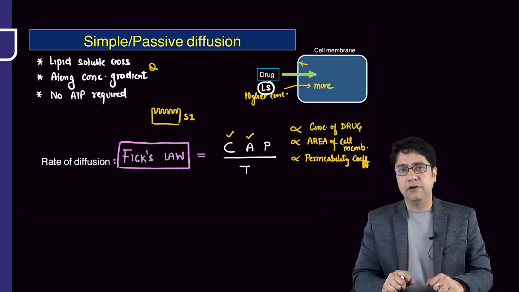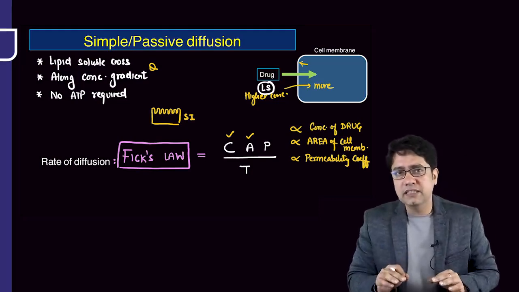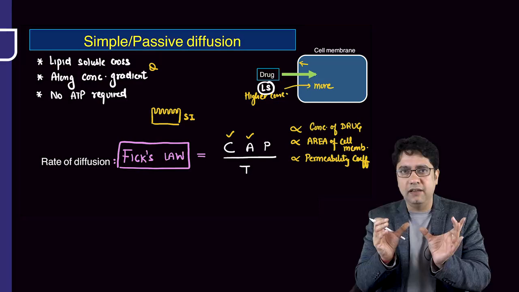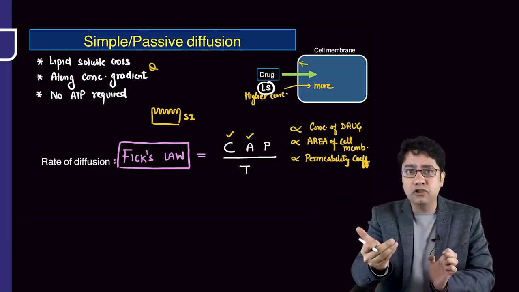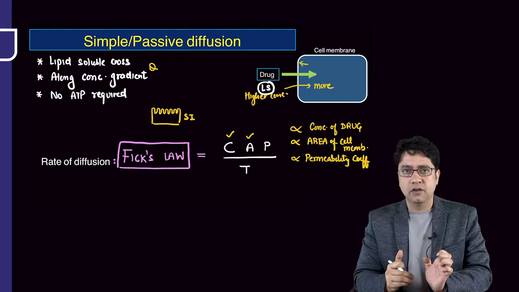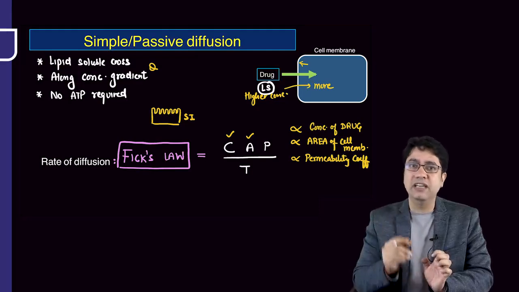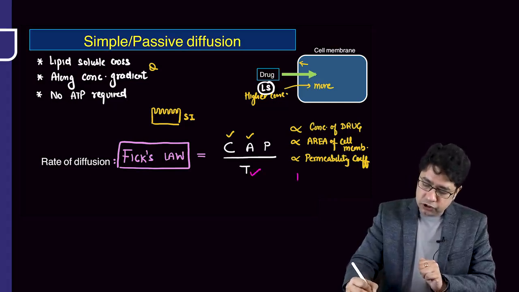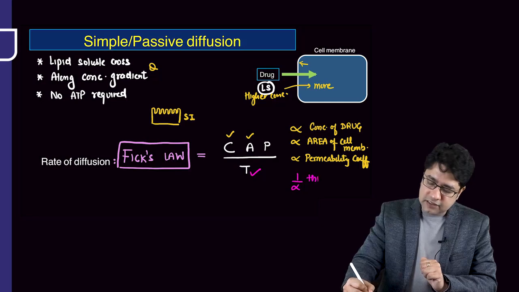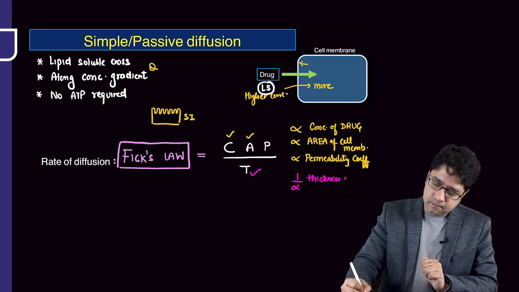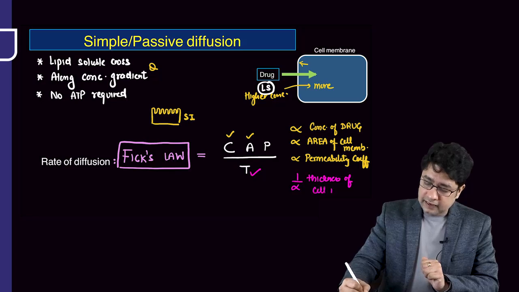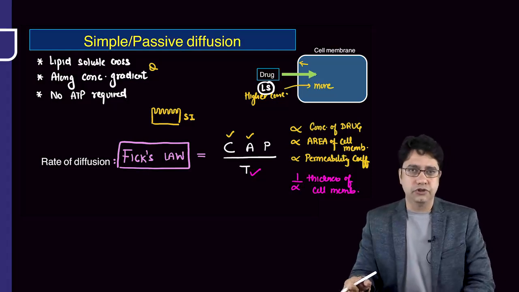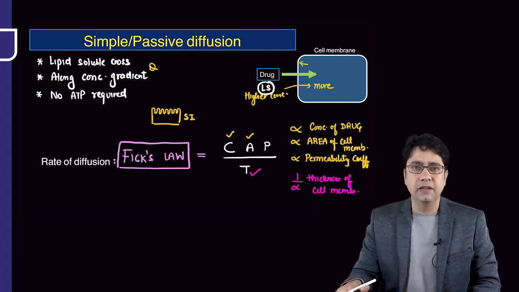Now just think, if the cell membrane is very thick, will it have more absorption or less? More diffusion or less diffusion? Less diffusion. So it is inversely proportional to the thickness of the cell membrane. So area is directly proportional, thickness is inversely proportional. Now this is just a simple equation.